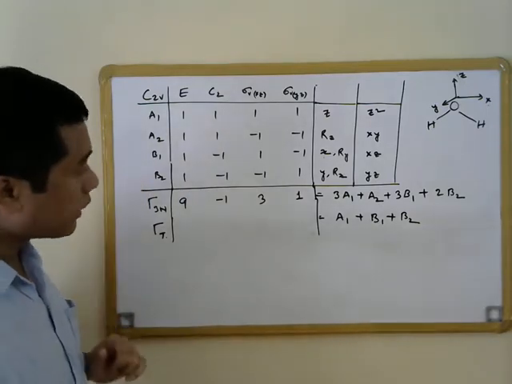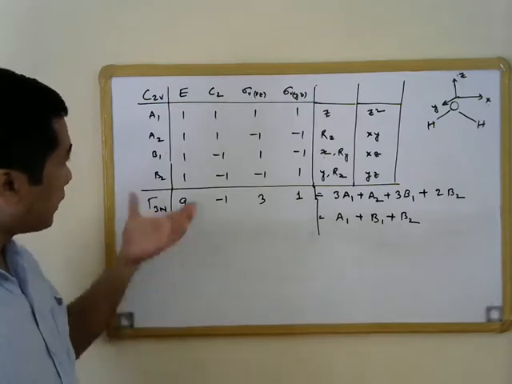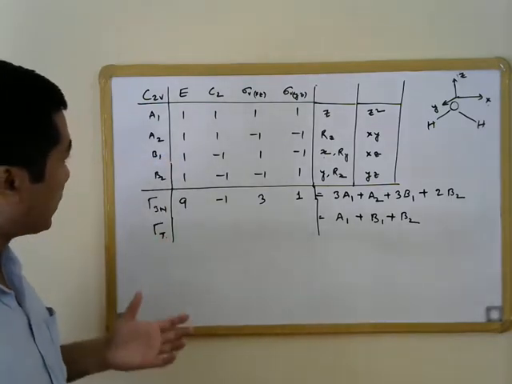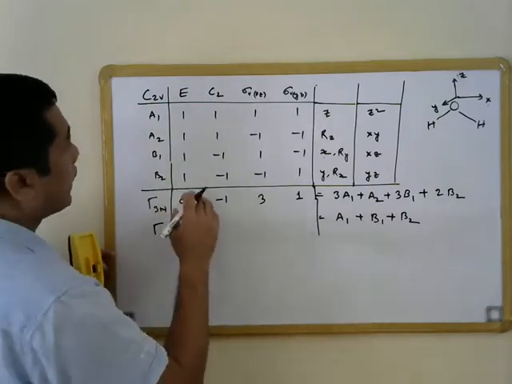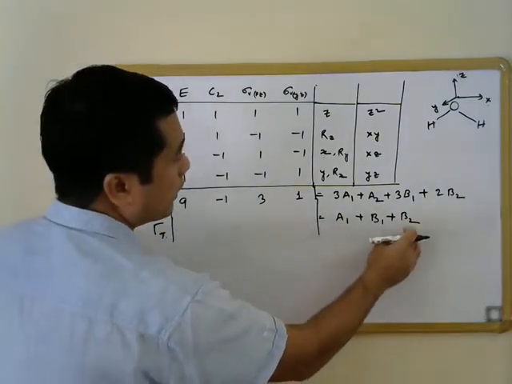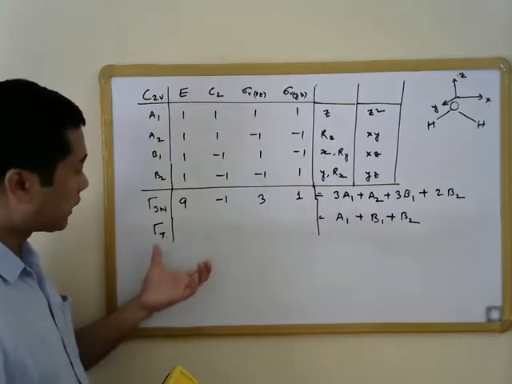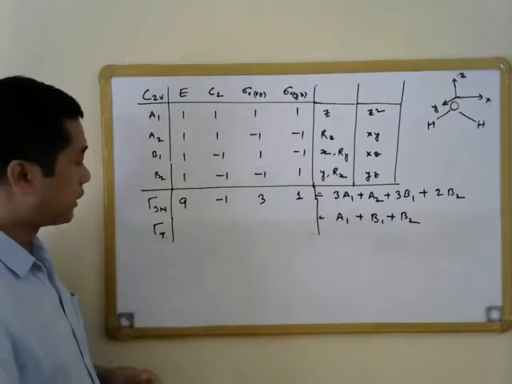So how can we find out the characters of this gamma t? By looking at the character table. You can just add up the characters of A1, B1, and B2 for different symmetry operations, and that is going to be equal to the characters of this reducible representation gamma t.